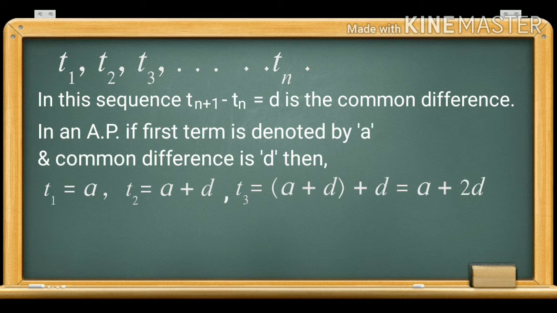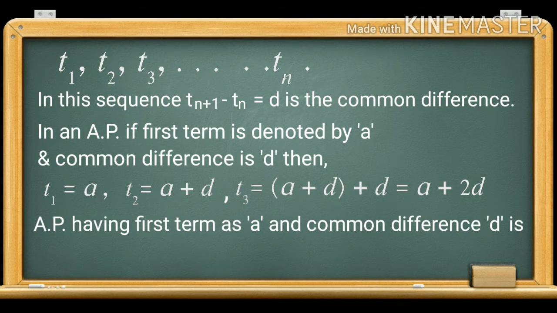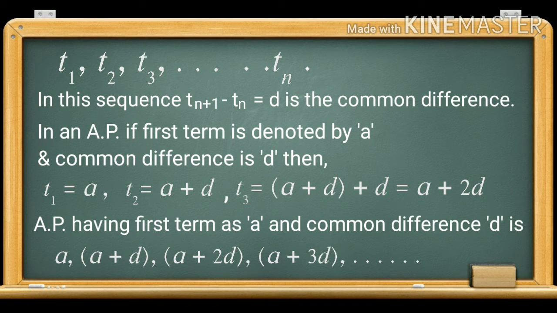Continuing in this way, if we have first term as A and common difference D, the AP is A, A plus D, A plus 2D, A plus 3D and so on. By using this, you can find AP whenever first term and common difference is given.